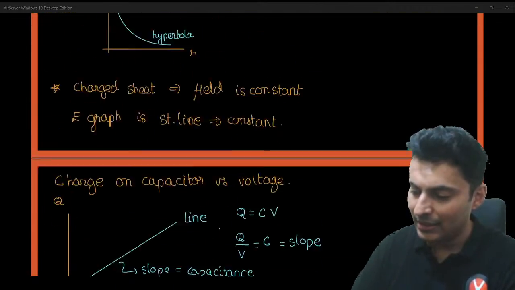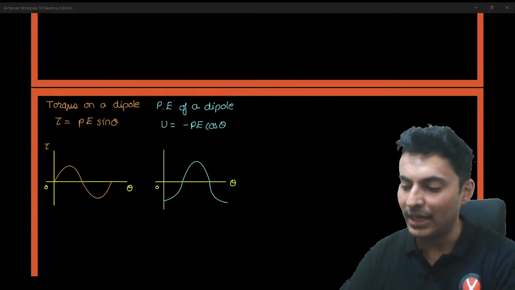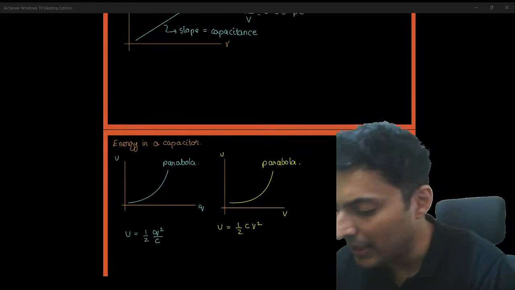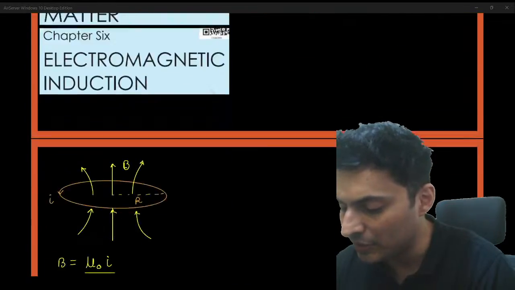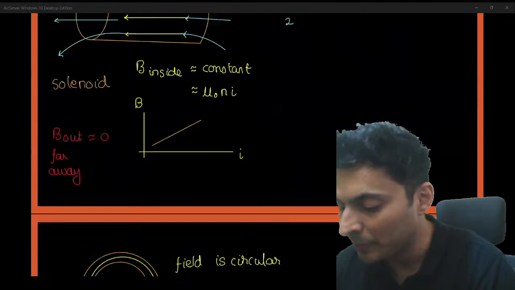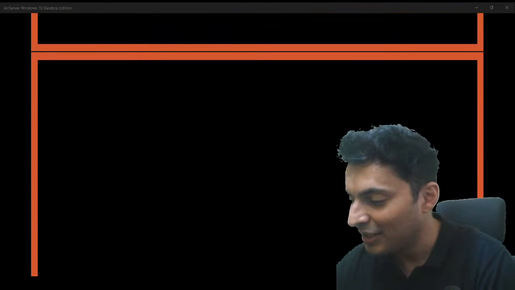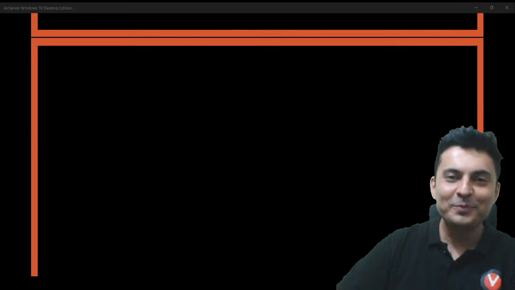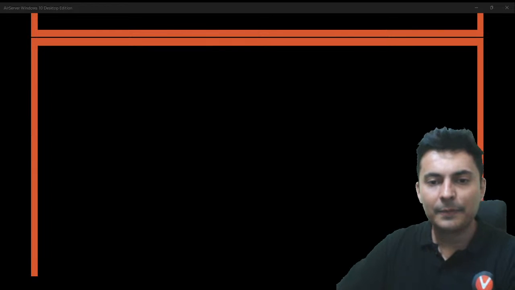I've done these electrical dipoles as well, torque on a dipole, potential energy of a dipole. All these things we have done there. So magnetic dipole behavior is very similar to that. Let's not waste our time over there. I mentioned it just so that you know we have done this, and you should not feel like, did we skip this? Okay, moving on.